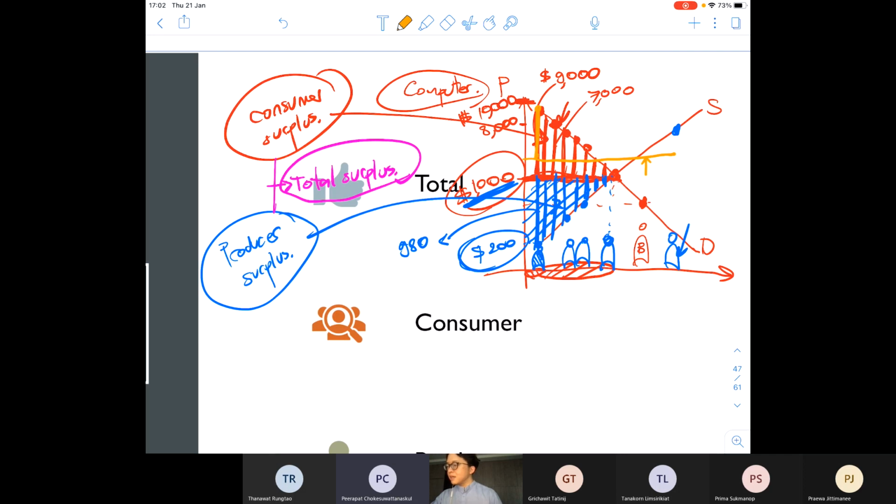Because now this consumer has to pay more than 1,000, and the gap between the willingness to pay, the value that consumer has, and the real price would be smaller, which means the welfare would be less. But the question is, if you would like to maximize consumer surplus, which direction should you push the price to?